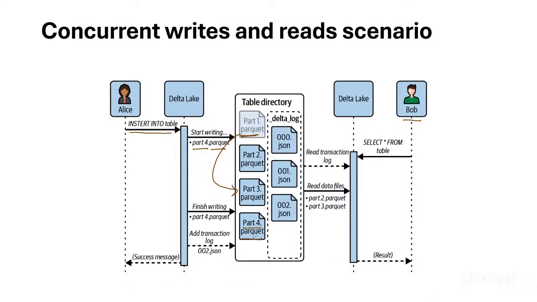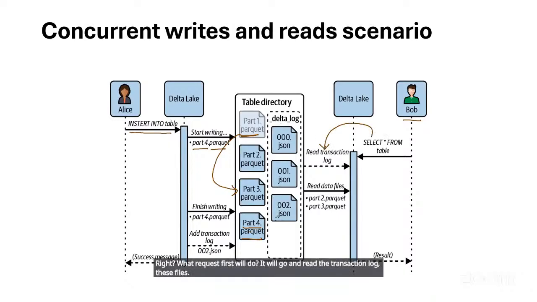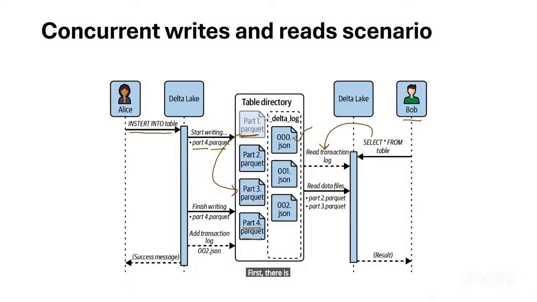While it is in process, at the same time, Bob makes a request. What will the request do first? It will go and read the transaction log, these files. First, there is a JSON file where Alice has inserted the data. That insert metadata will be there in the JSON file.